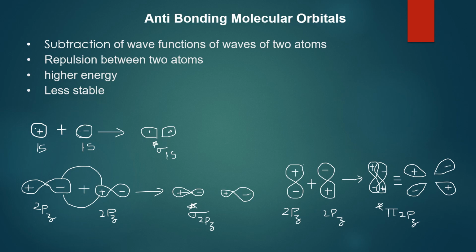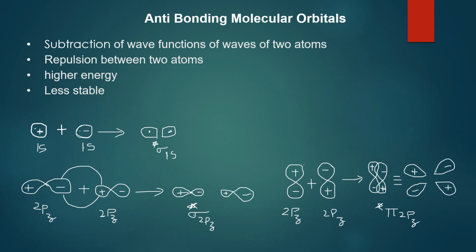The probability of finding the electron in the internuclear axis or internuclear region decreases due to the repulsive forces operating between the two atoms. As a result of these repulsions, the anti-bonding molecular orbitals always tend to occupy the highest level or highest energy, and show the least stability. Look at the pictures.